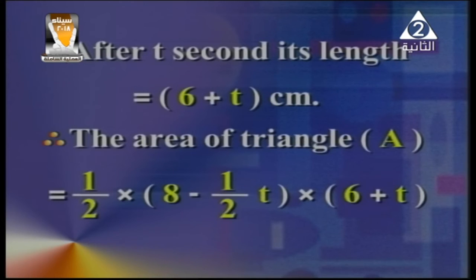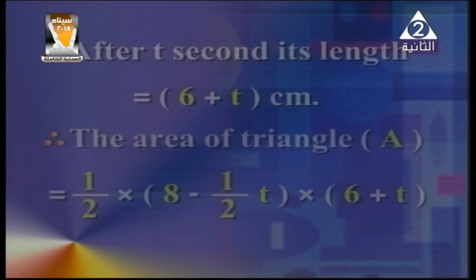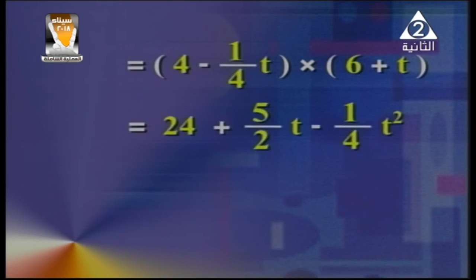By multiplying, the area equals half times (8 minus half t) times (6 plus t), which equals (4 minus quarter t) times (6 plus t), which equals 24 plus 5 over 2 t minus quarter t squared. This is the area.